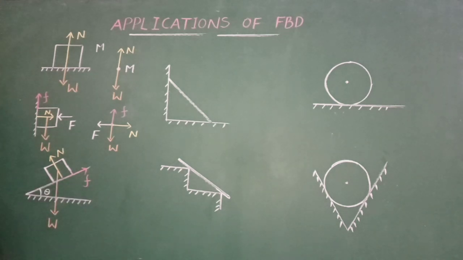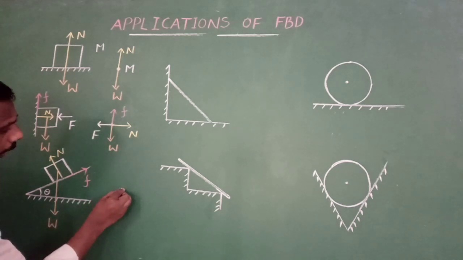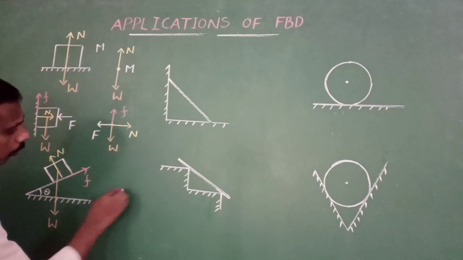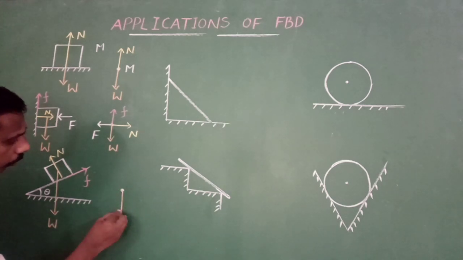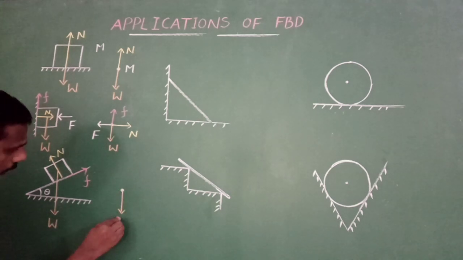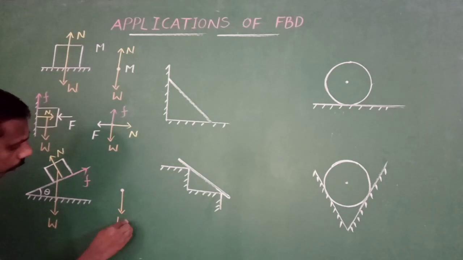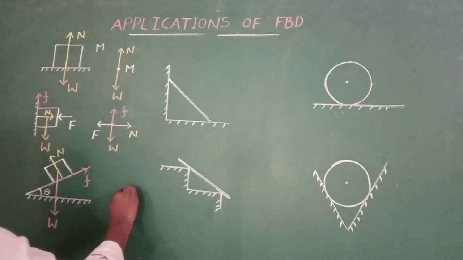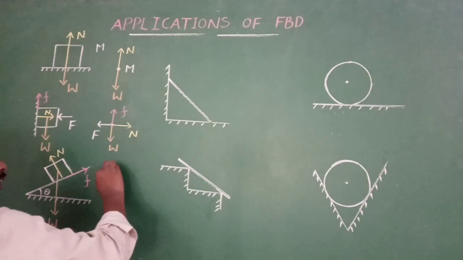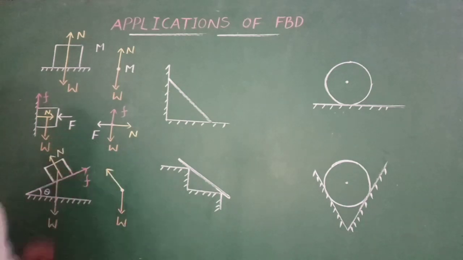In this case, for the free body diagram, you take this as the object. On this object, the weight W acts downward, and the normal reaction does not balance the weight; it acts in this direction, making a certain angle.